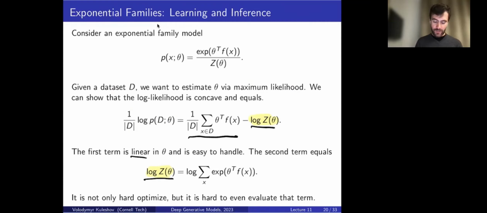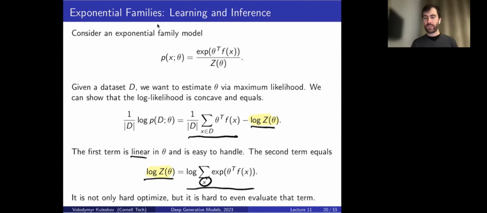It's challenging because it involves this log of a sum over x, and this summation is over all the possible x's that I could see. Here I'm just assuming that x is discrete for the sake of this explanation, but it's even more complicated when x is continuous.